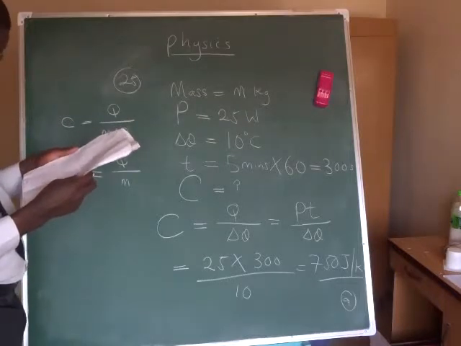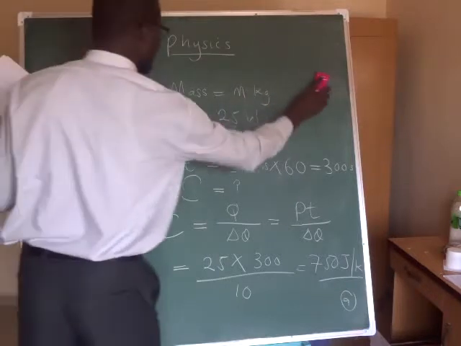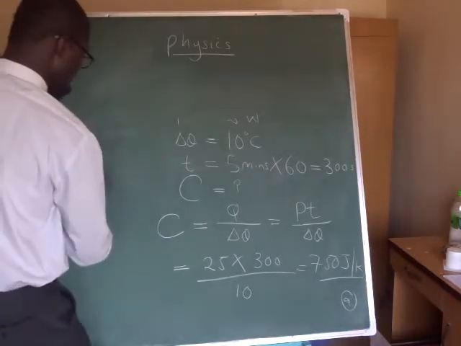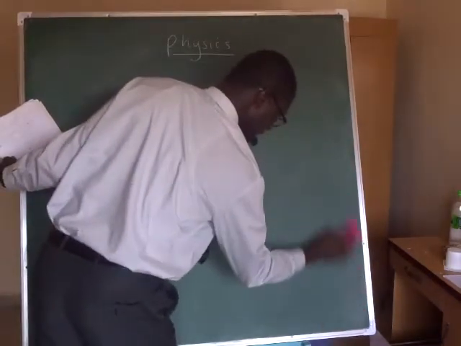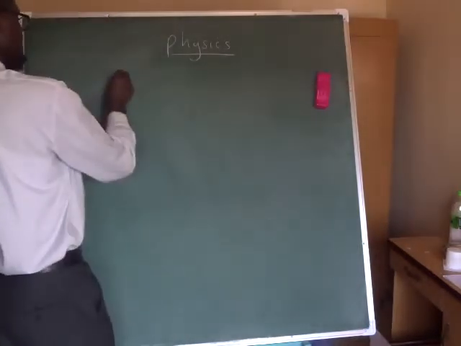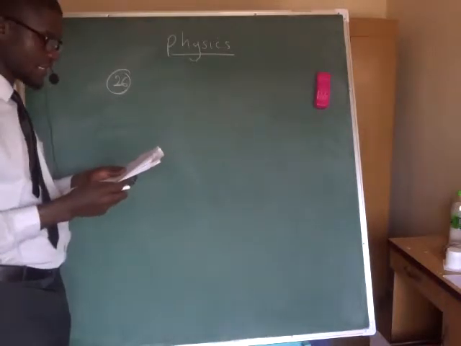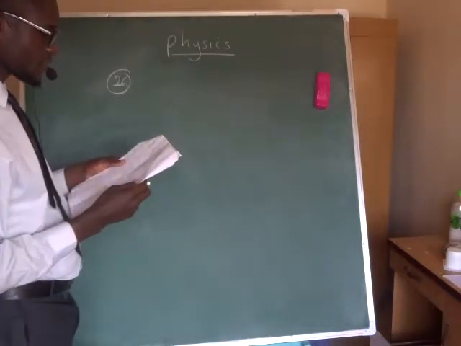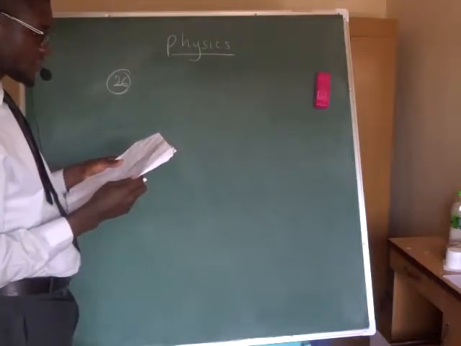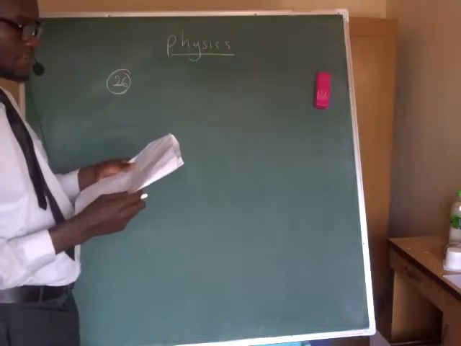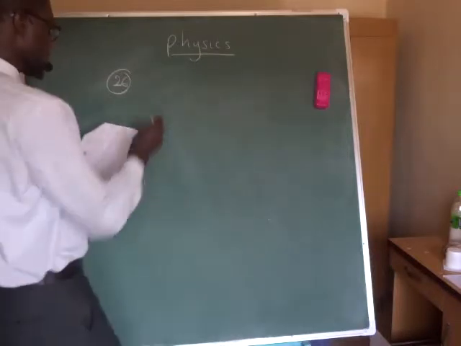So the next question is question 26, which is also a calculation. Question 26 says, calculate the temperature of 6 moles of an ideal gas at a pressure of 7.6 exponential 6 Newton per meter squared with a volume of 10 power minus 3 meter cubed.